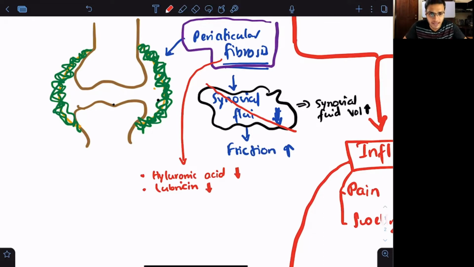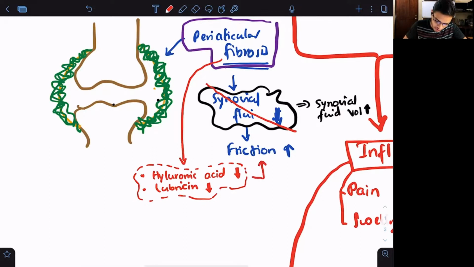What does hyaluronic acid do, guys? It helps prevent friction by keeping the viscosity high. Because of this, the friction is going to increase here.